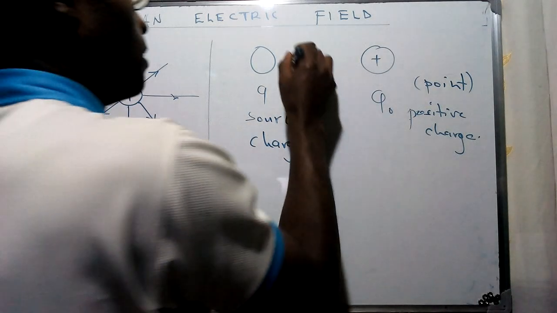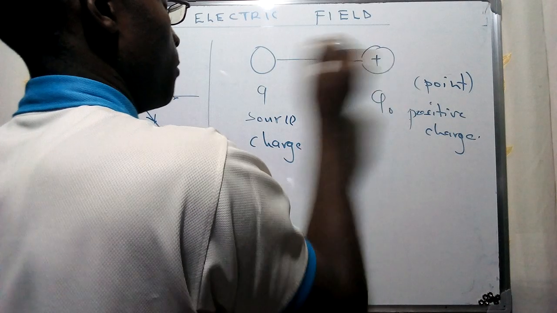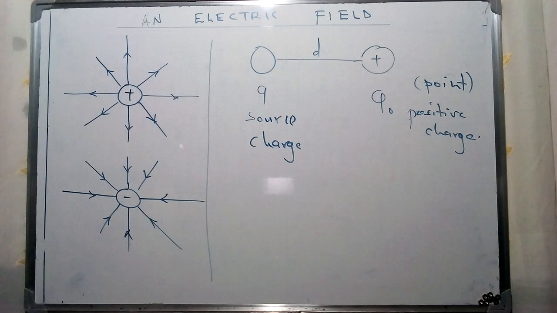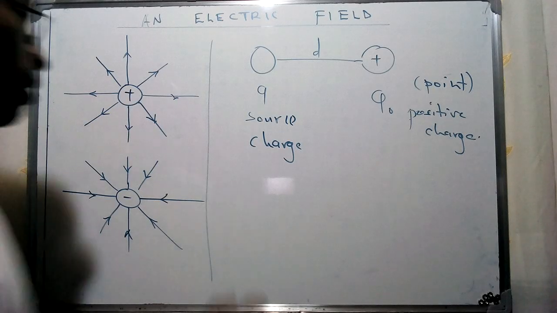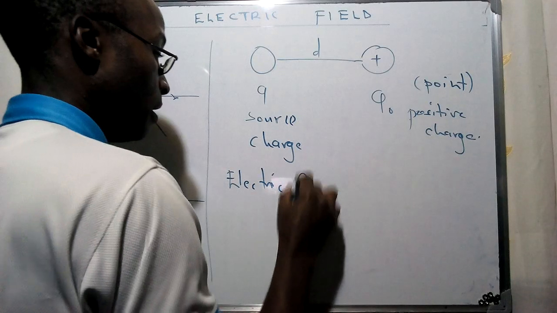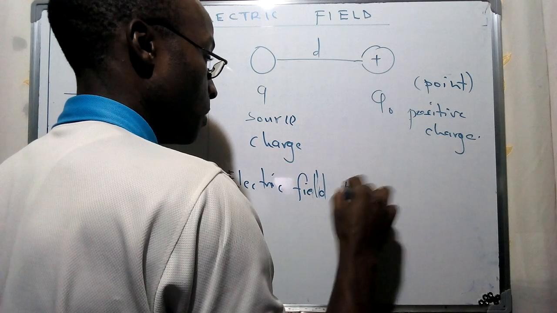We can give the separation distance between these two charges as, let's say, d, and then we can give the electric field for this system of charges using the general representation we had for an electric field, given in terms of this notation.